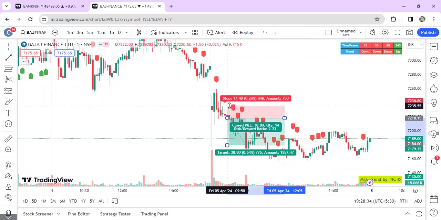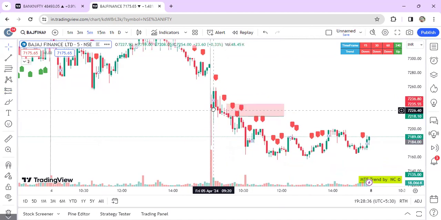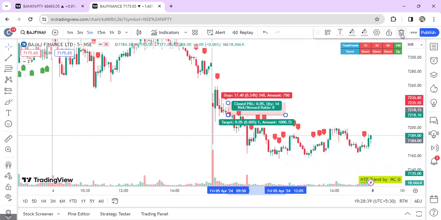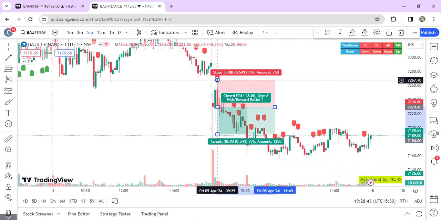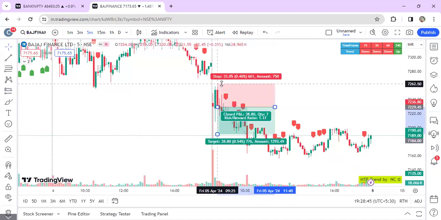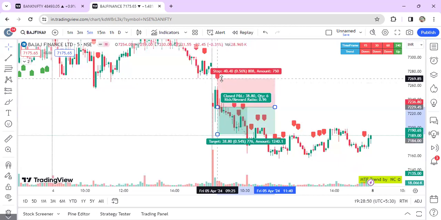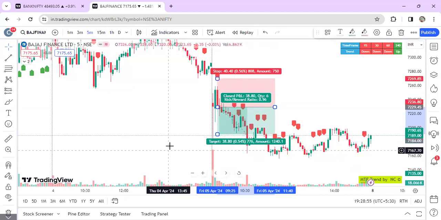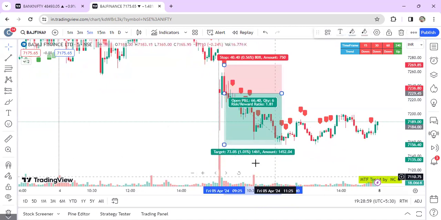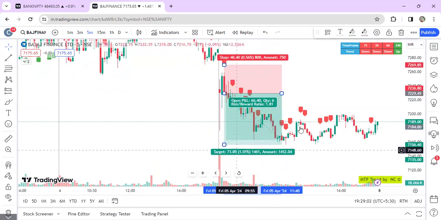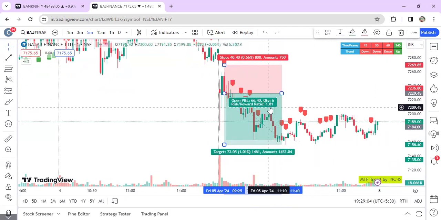This is my SL. Okay, sorry, my bad. We got the signal here only. This is the highest candle. So I'll just put the high of this particular swing, the low of the previous day's swing, as my SL. And what is the return I am getting? 73 points in Bajaj Finance. Risk to reward is almost 1:2.